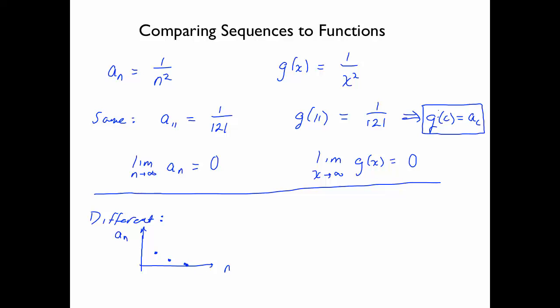So the graph of the sequence would just be these discrete points. You only get a point at every whole value of n, because n is the number of the term in the sequence. So 1, 2, 3, 4 would be 1/16, etc. And it would just keep going.